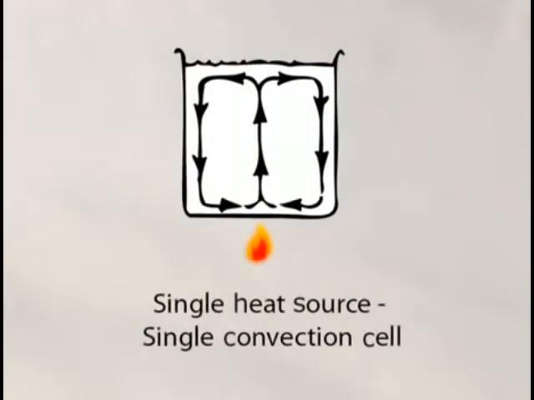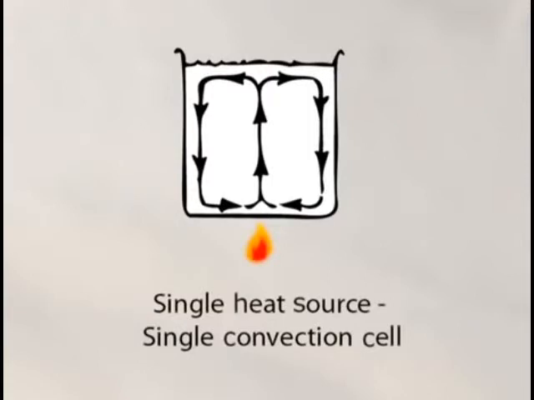Now, I think it's important to really understand these convection cells. Sure, you know what a convection cell is, but I want to go through this just to make a point, or several points, actually. So let's talk about convection cells. The simplest example I can think of: you put a pot on a burner on a stove. You take a beaker of water and put it on a Bunsen burner, and it heats up the water.